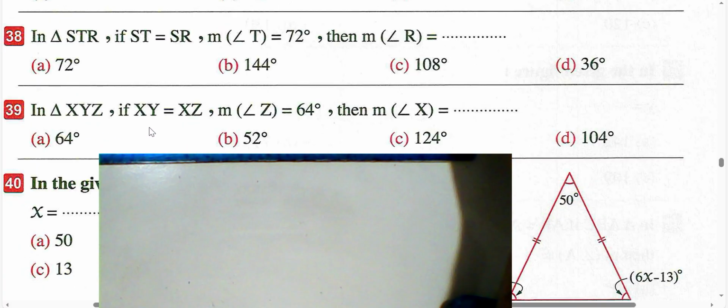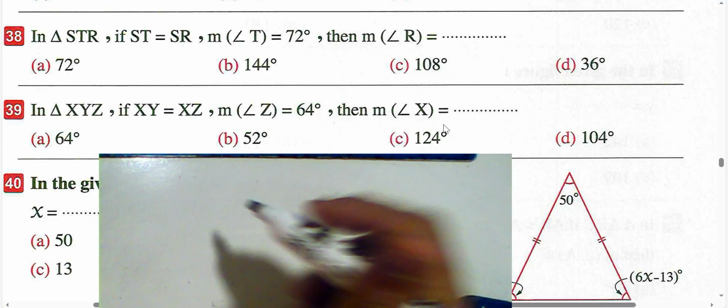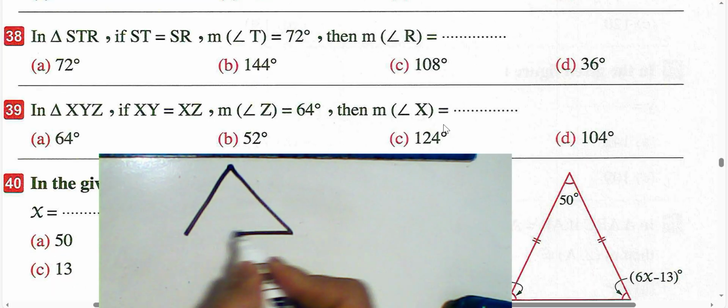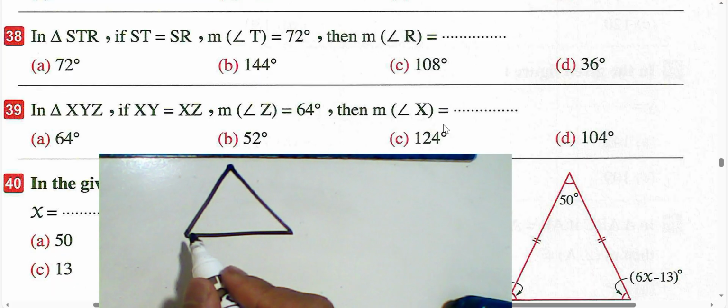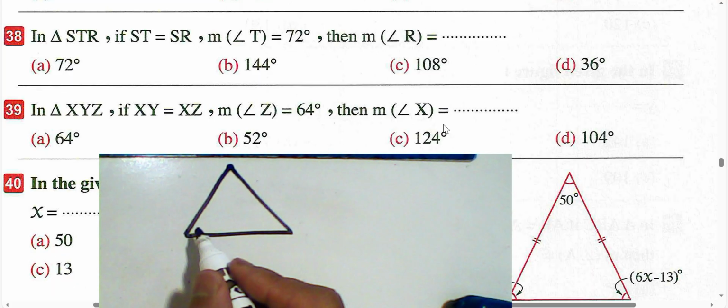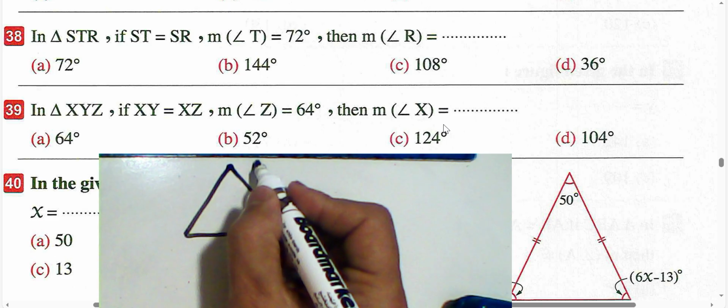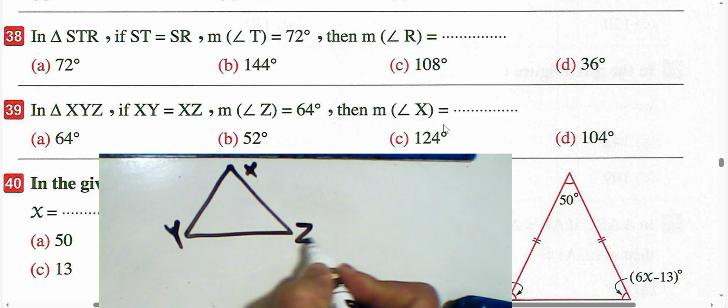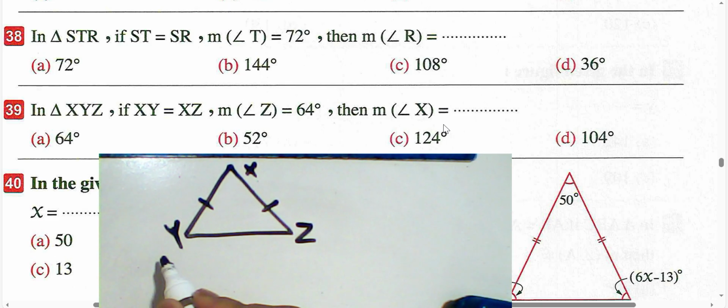In triangle XYZ, if XY equals XZ, and the measure of angle Z equals 64, then the measure of angle X equals what? We have triangle XYZ, XY equals XZ, they are equal.